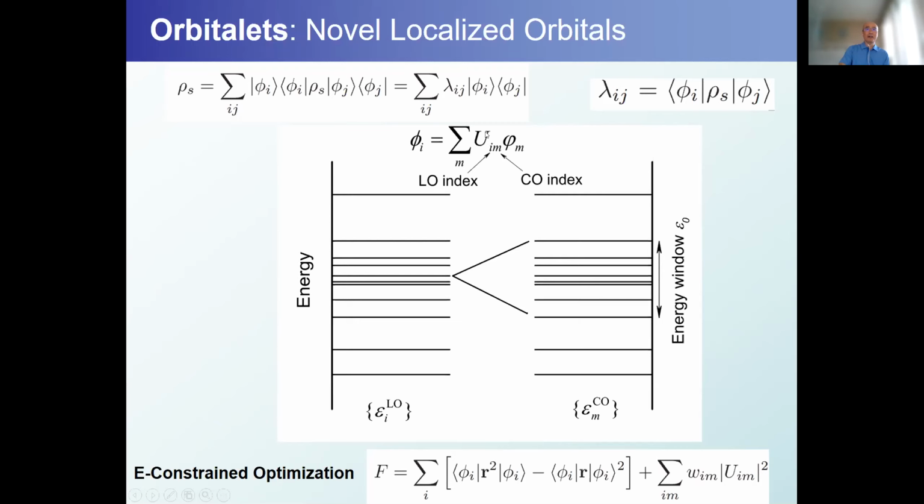And the localized orbitals are a linear combination, a unitary combination, of canonical orbitals. The really key element in this is this linear combination spans occupied as well as unoccupied space, and it has two parts. One is localized in energy, and the other is restriction in an energy window. So we don't allow the complete sum of the entire spectrum.